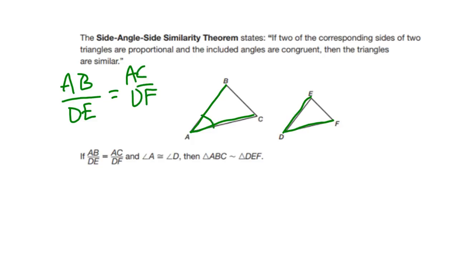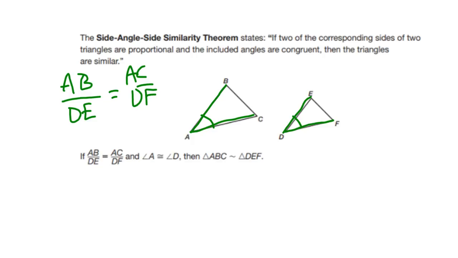And if these two angles are the same, then the entire triangle has to be proportional. Or I'm sorry, similar, not proportional. The entire triangle would be similar.